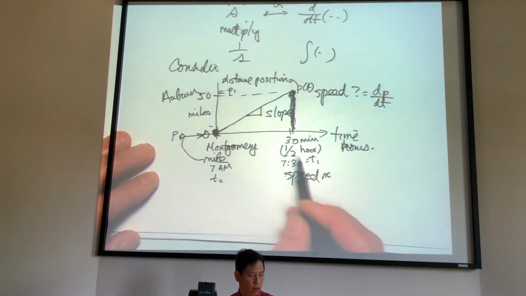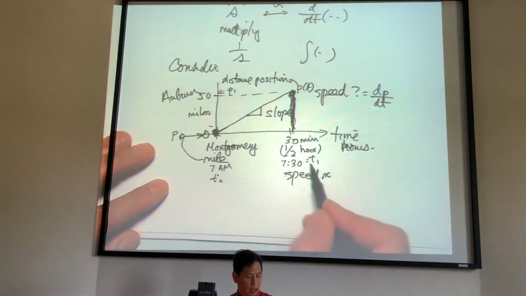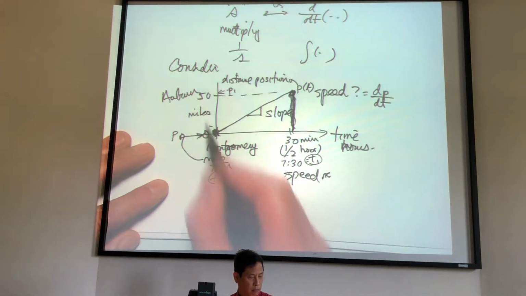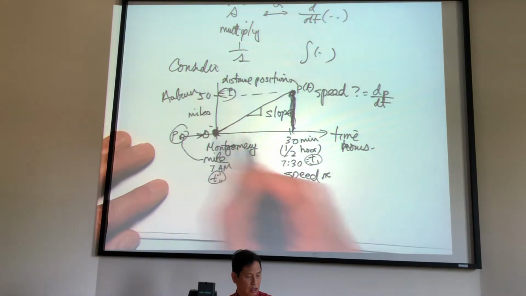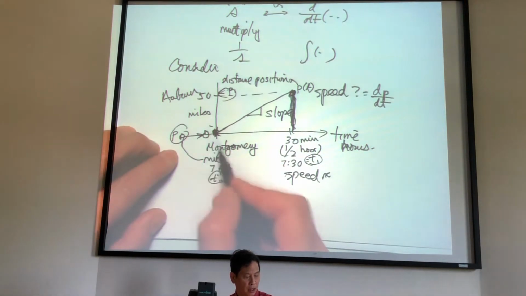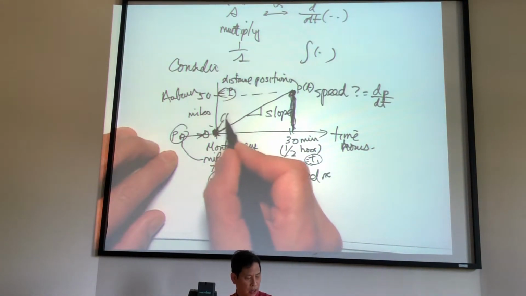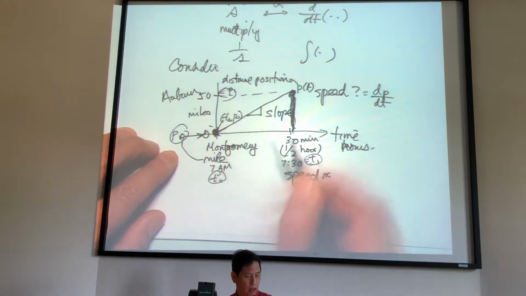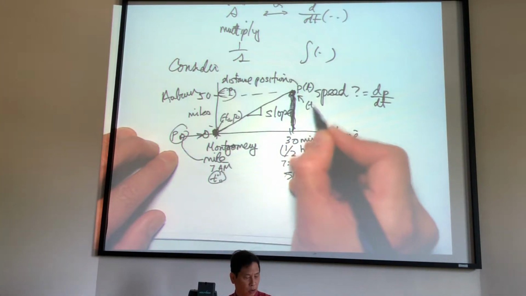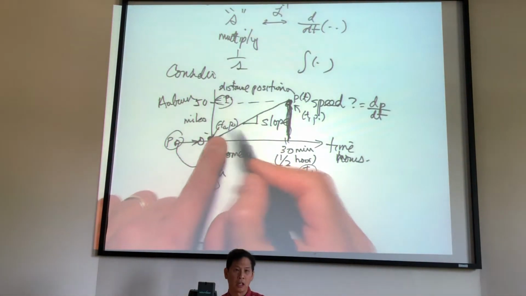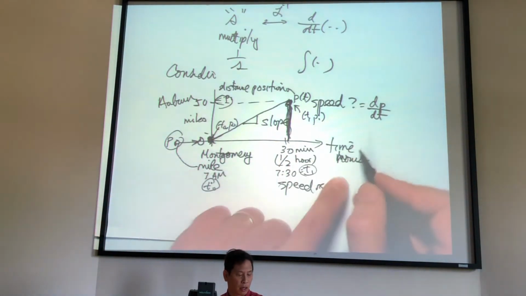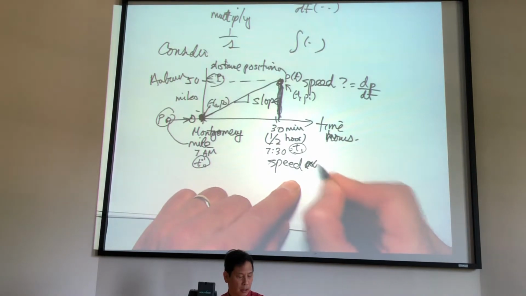So now I have four numbers: t0, t1, p1, and p0. This pair right here is t0, p0. This pair right here is t1, p1. That's the only information I give you. Can I approximate the speed?